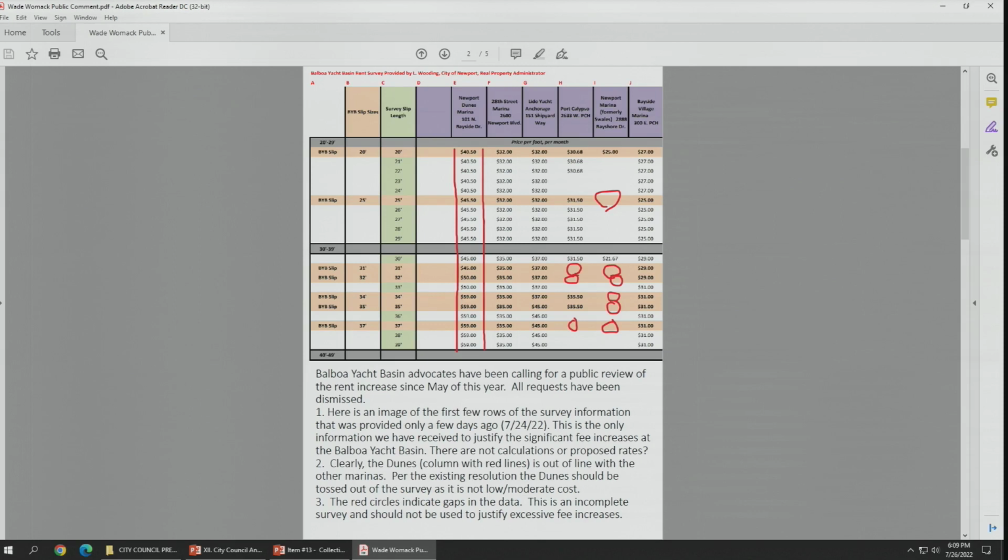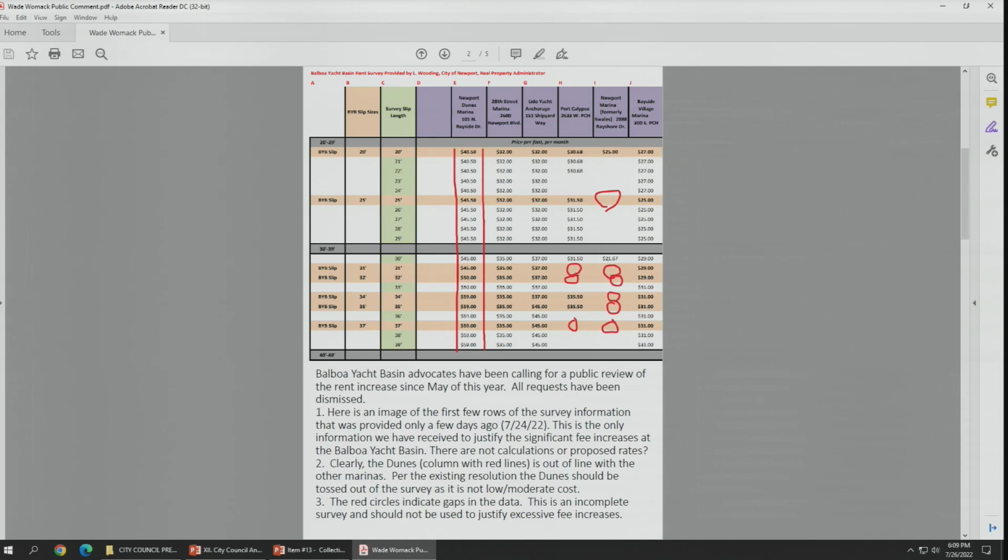The only information we have received to justify this fee increase is a spreadsheet here, which was received at the 11th hour. Per the 2010 city resolution, the city is required to survey low to moderate priced marinas to determine rates at the yacht basin. The survey has gaps in information, see the red circles.